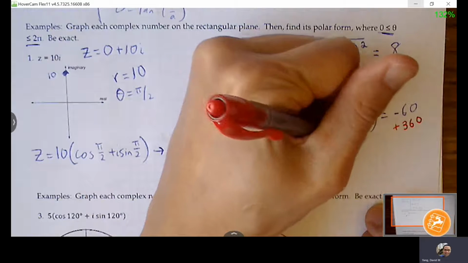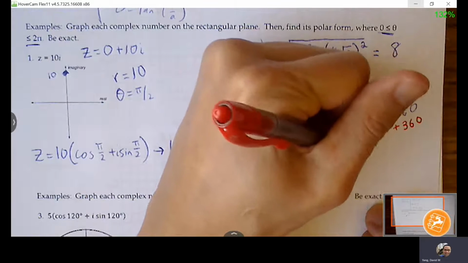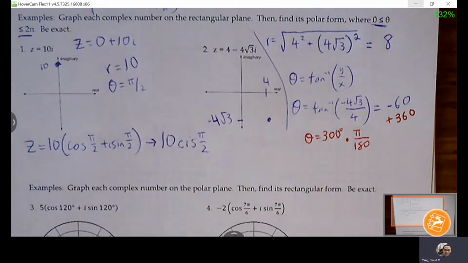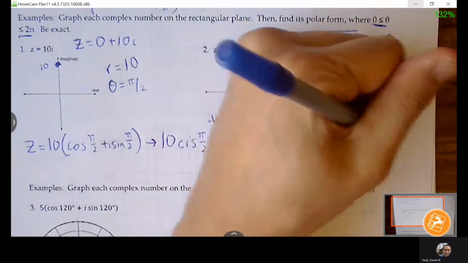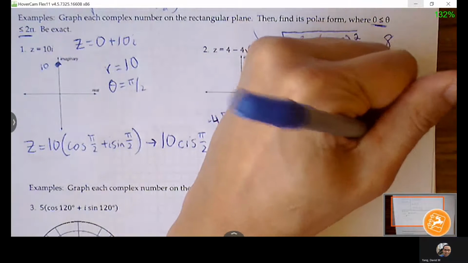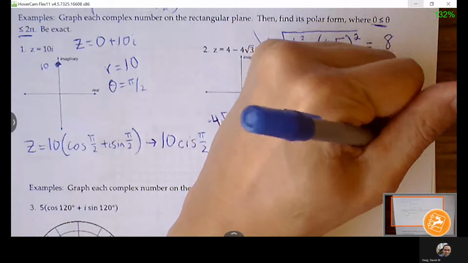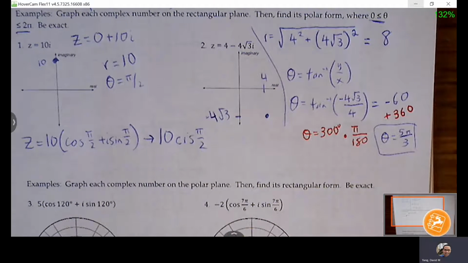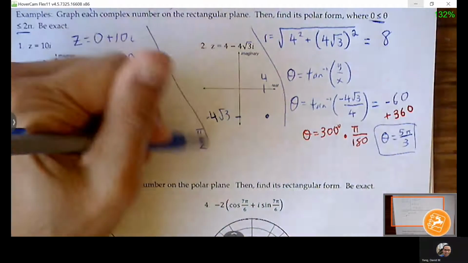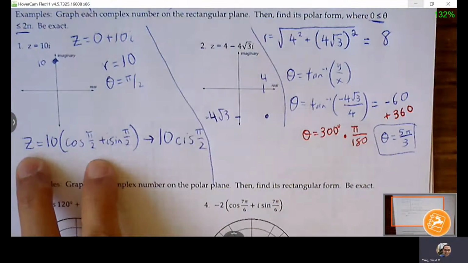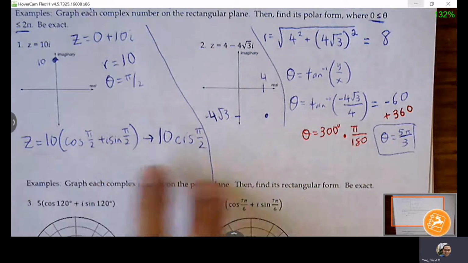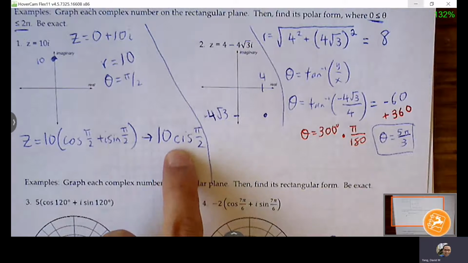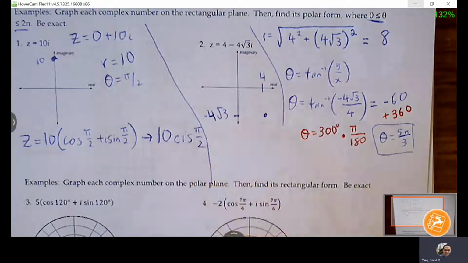And if you're not sure, you can always multiply by pi over 180 or divide 300 by 180 to get that fractional value. Okay, right now let's practice writing in both forms so we can get that practice, but eventually you can just write that shorthand form.